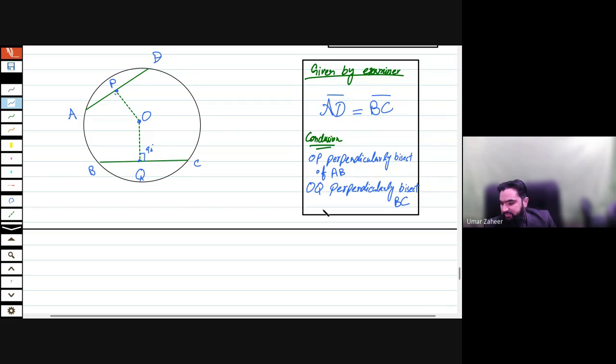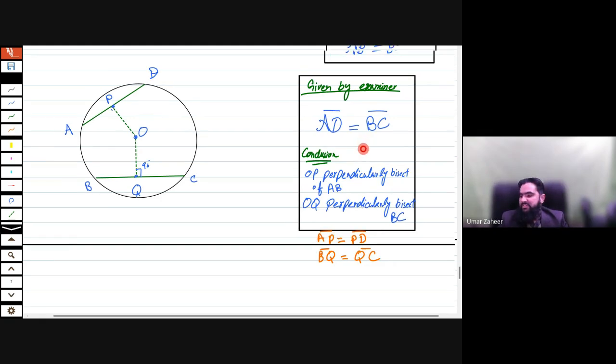Means we can say that AP is equal to PD and BQ is equal to QC.